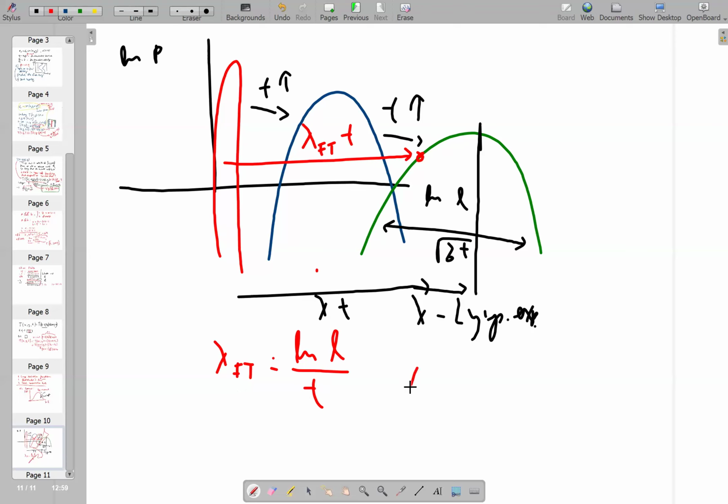And I was just going to write that lambda is the average of lambda finite time. That's how it is defined in the Lyapunov exponent.